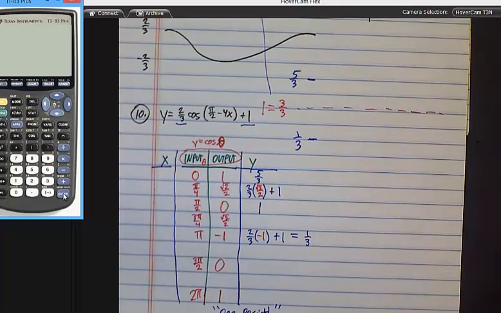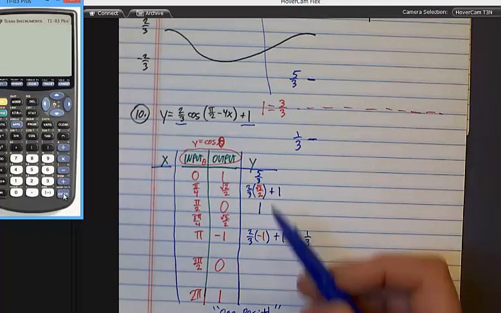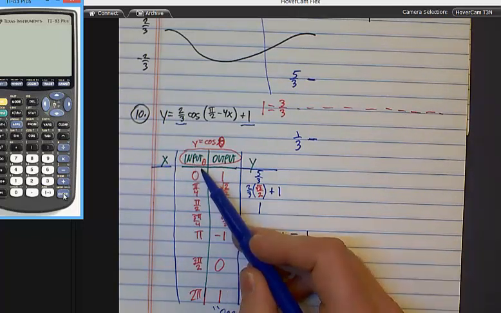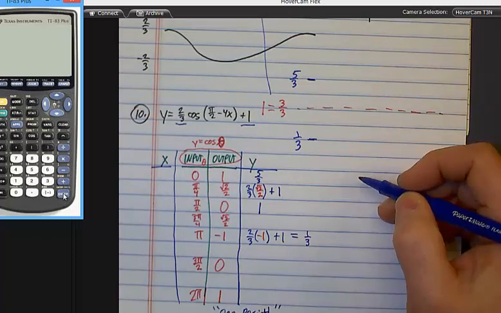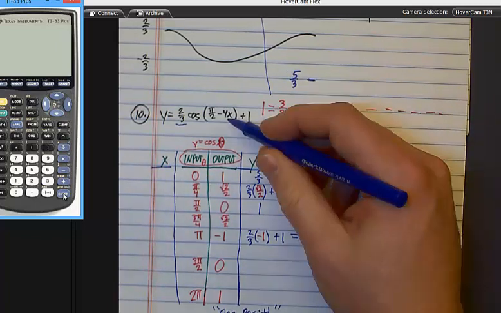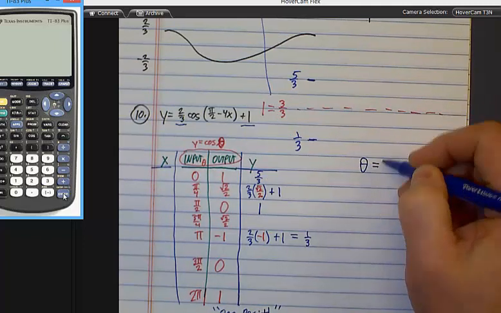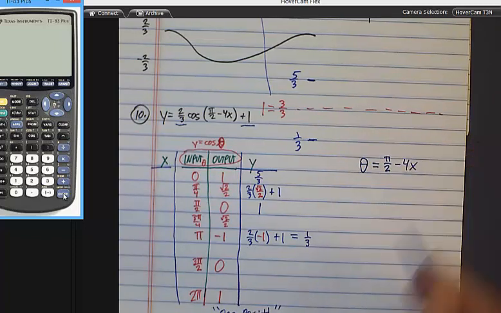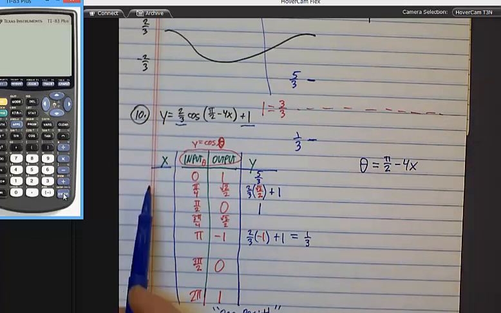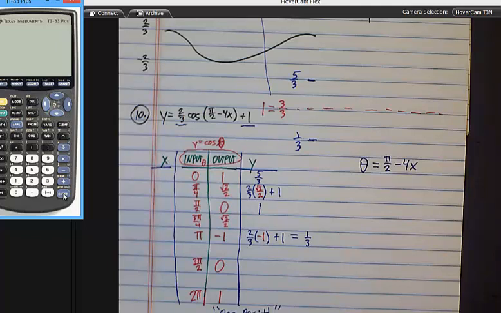Okay? Now remember, I said that the inputs I'm calling theta. And basically, what do I mean by theta? Well, theta is the stuff in parentheses. Theta equals pi over 2 minus 4x. All right? So if I want to know what the x values are, I have to solve for those. For example, I'm going to work out what 0 corresponds to.